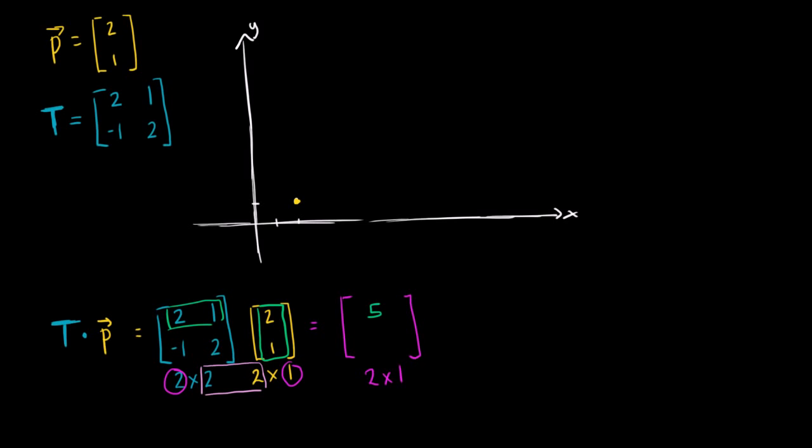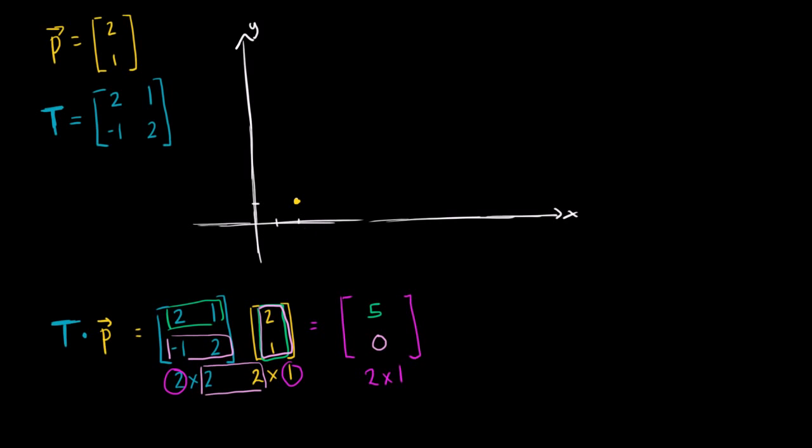And then for the second row, first column, it's going to deal with the second row here and the one and only column right over here. So negative 1 times 2 is negative 2, plus 2 times 1, which is 2. Negative 2 plus 2 is just equal to 0.